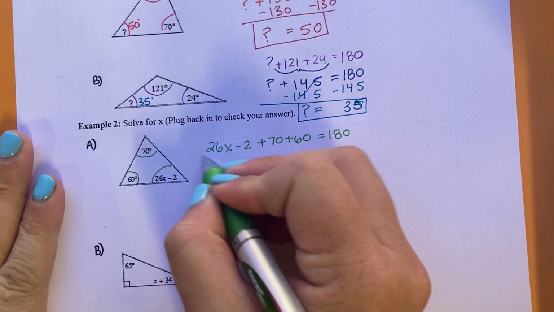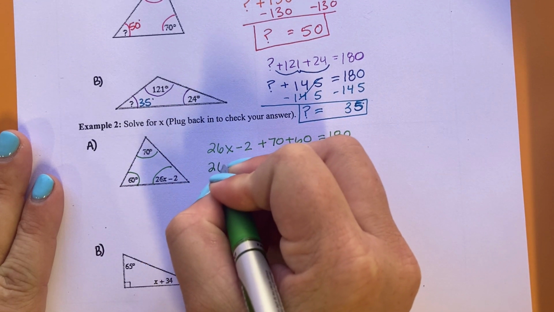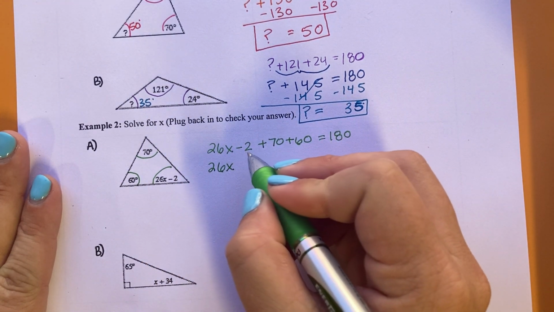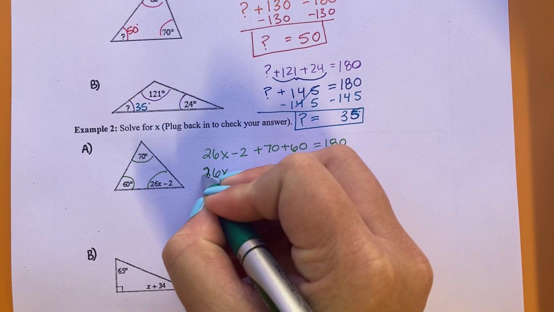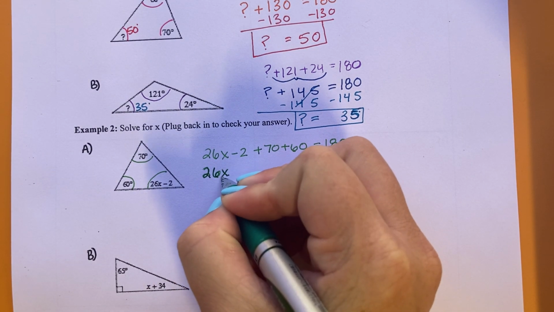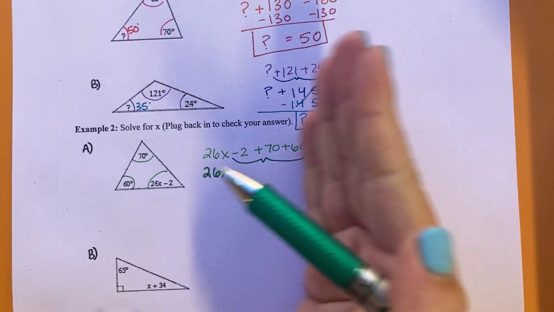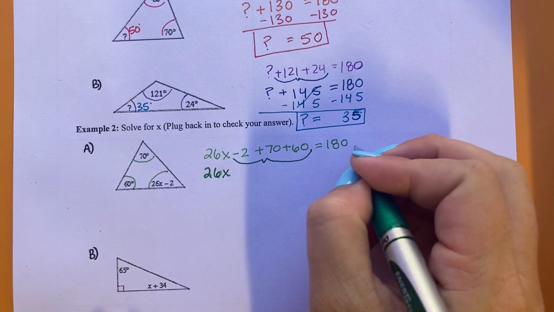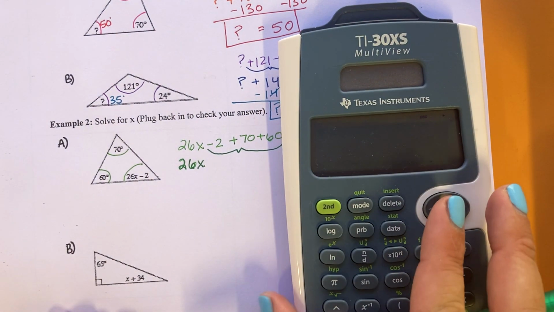The x is the only x throughout this whole line, so I'm going to write 26x. Then I'm going to combine all of these constants that are on the same side together. 180 is stuck on the right because of that equal sign, so 180 gets left out.